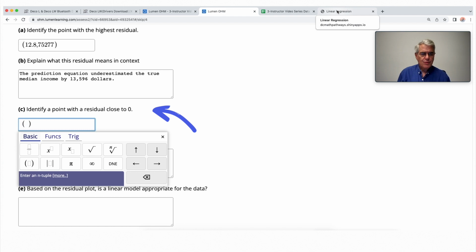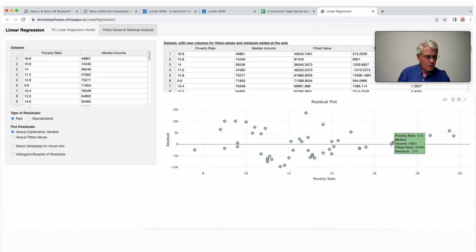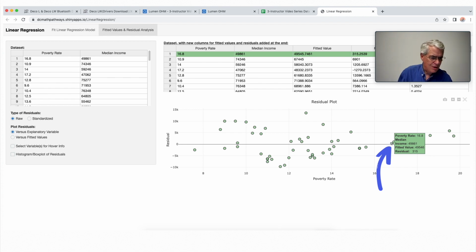Identify a point with a residual close to zero. We already saw this point had the residual close to zero. It was only $315 off. So the coordinates for that point are poverty rate x, 16.8, income 49861. 16.8, 49861, if we can remember that long.